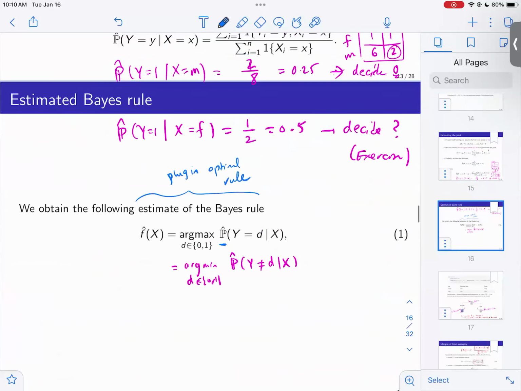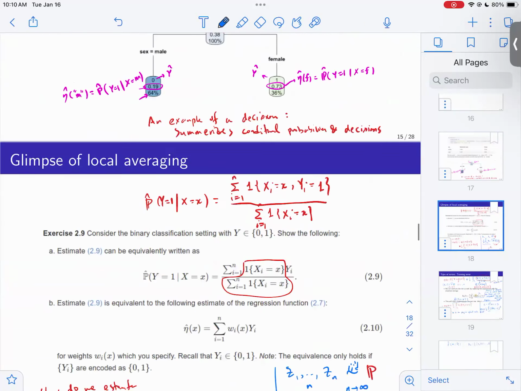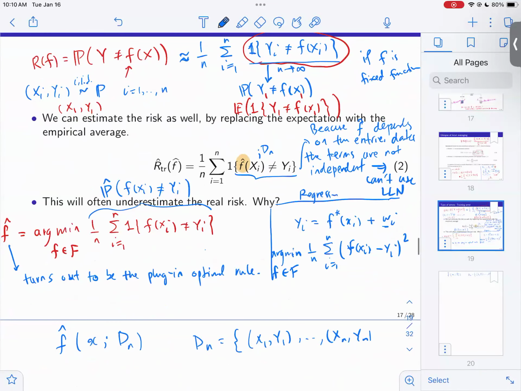This joint estimate, I'm really evaluating my error, like the risk under this probability distribution. So if you plug that in, what I'm really doing is, because this p hat is a valid probability distribution, everything about probability goes through, so you can condition on x and then decide for that x what you should do. Sorry, here it's just x.